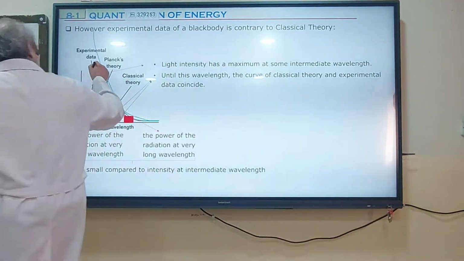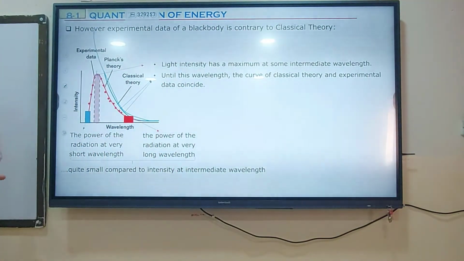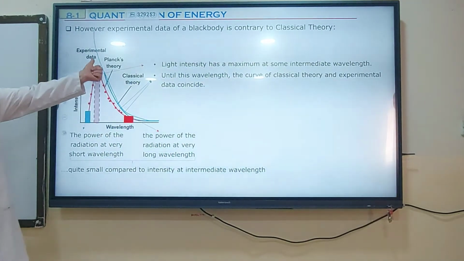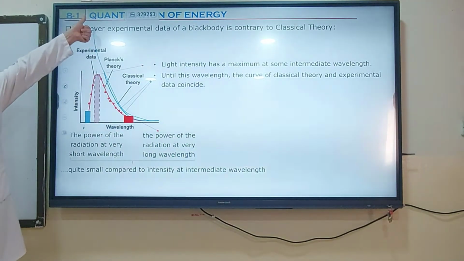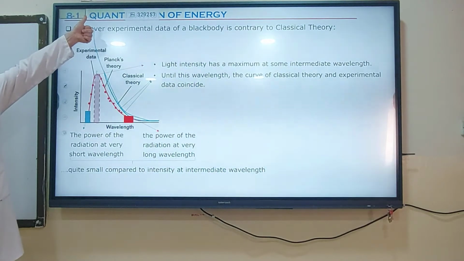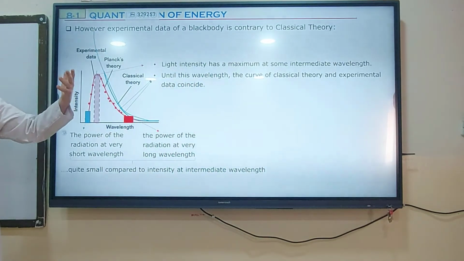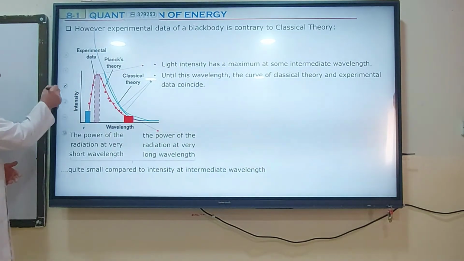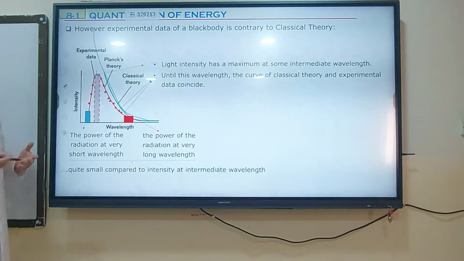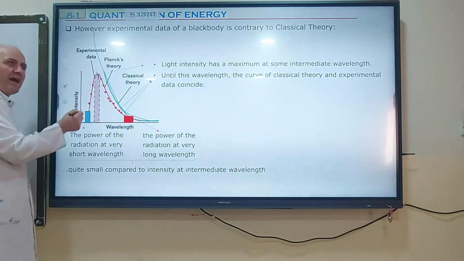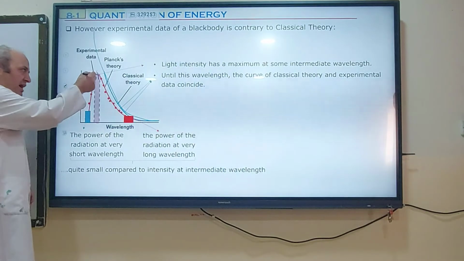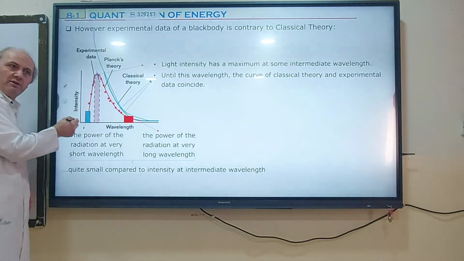But from this point on, something happens in the opposite way. The classical model says that intensity must go to infinity and the power must increase. But experimental data said that this is the opposite. From this wavelength on, intensity starts to decrease and goes to 0.